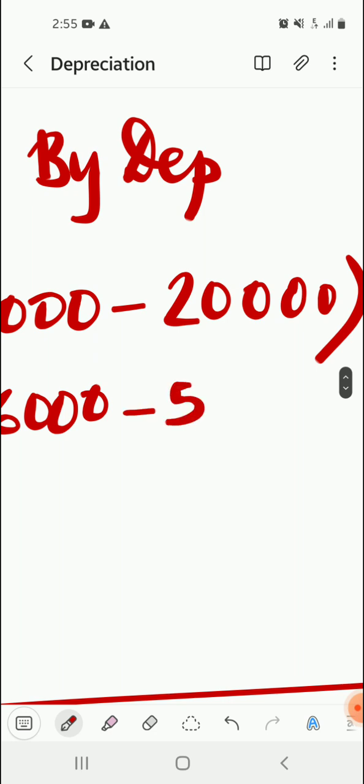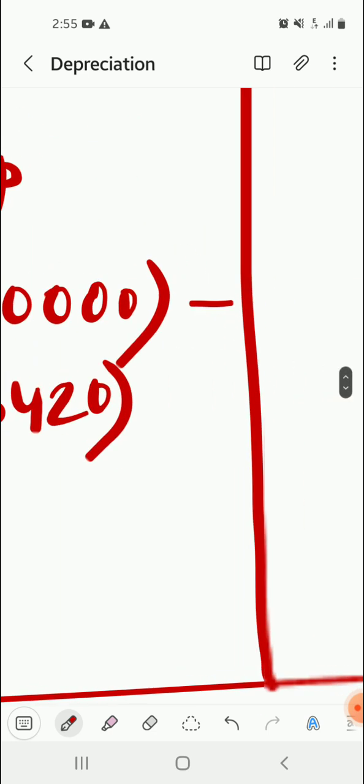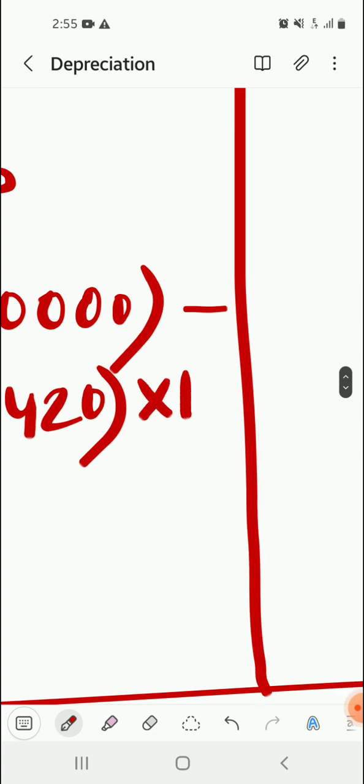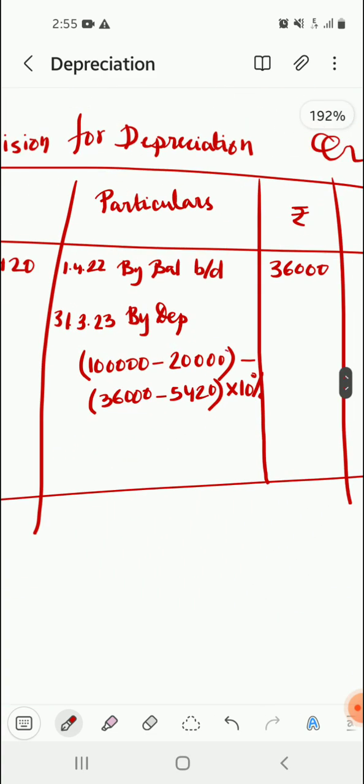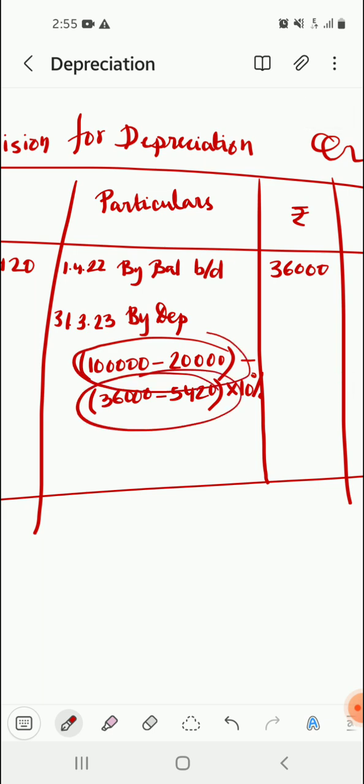From here 5420, that is the depreciation related to the machinery sold, is also cancelled. And now whatever we are left with, 10% of it, because we are using WDV method. So over here we have reduced the value of the machinery, and over here the accumulated depreciation that we had. So 1 lakh minus 20,000, it is 80,000, and 36,000 minus 5420, it comes to 30,580.